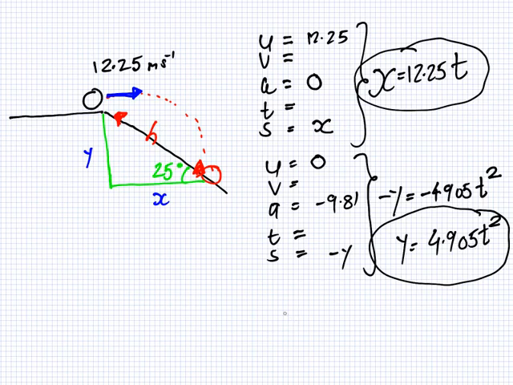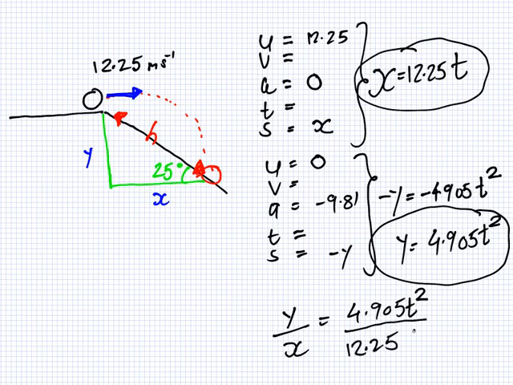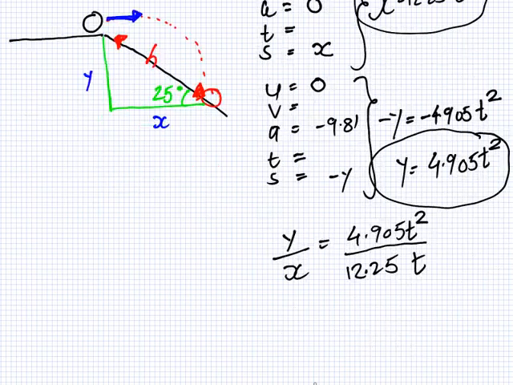Now, if you watch here, y over x equals 4.905 t squared over 12.25 t. Why do we need this? You'll see in a moment. Magic. So we get y over x equals 0.4 t.